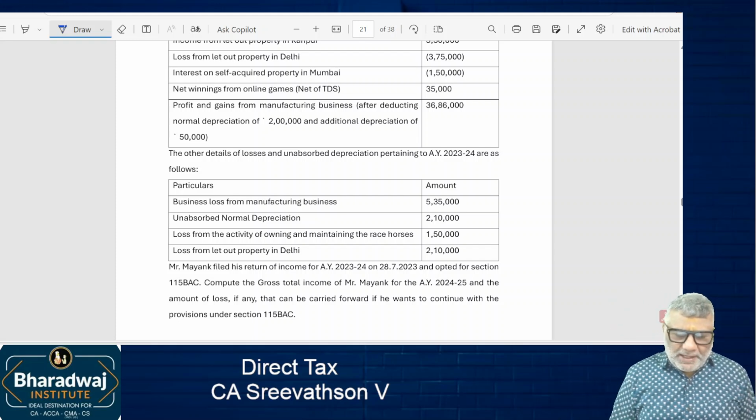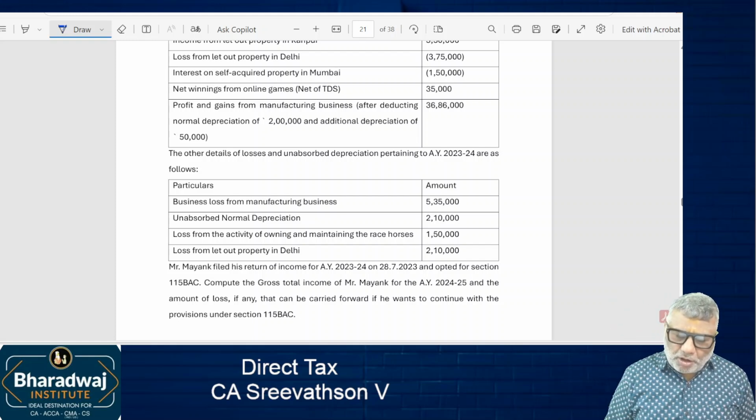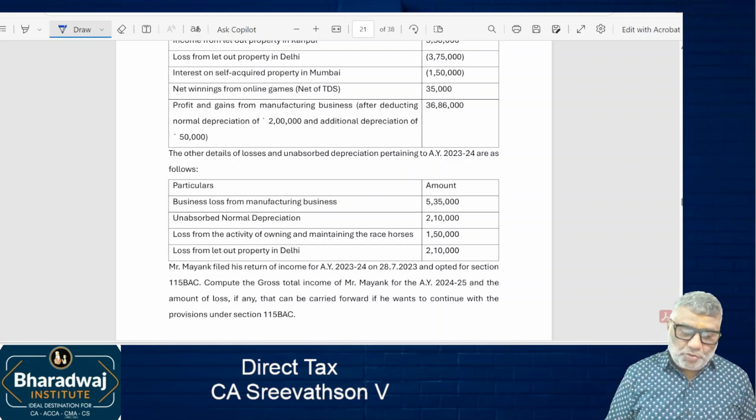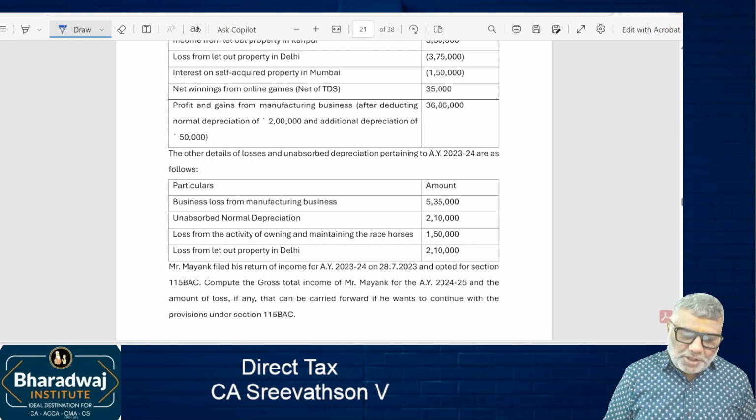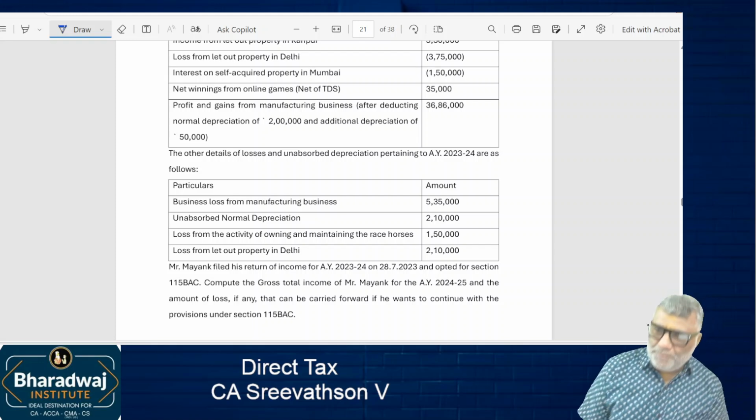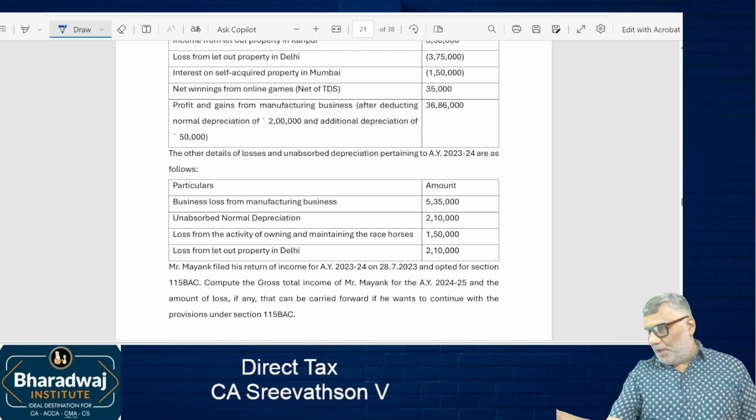Mr. Mike filed his return of income for the assessment year 23-24 before the due date and has opted for section 115BAC. Compute the gross total income and the amount of loss, if any, that can be carried forward if he wants to continue with the provisions of 115BAC. Actually, there is no option of continuation.